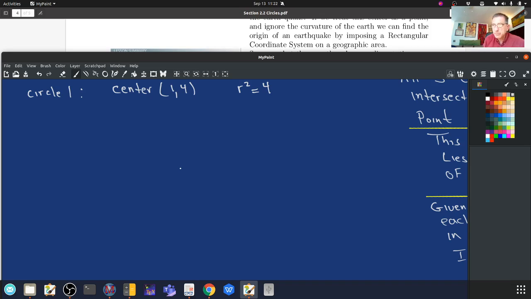So we want to see and convert this to the general form x minus h squared plus y minus k squared is equal to 4.